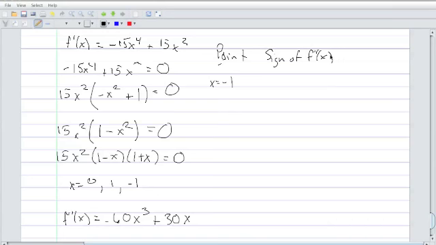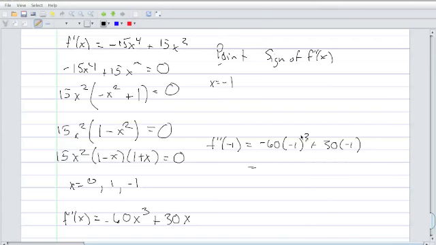Now if you test f double prime of negative 1, it's going to be negative 60 times negative 1 cubed plus 30 times negative 1.